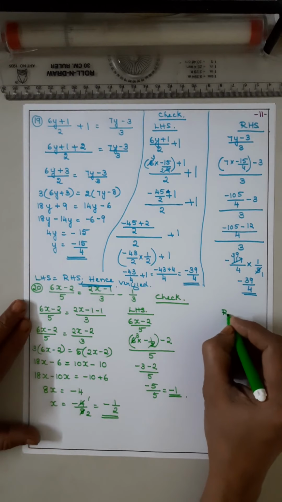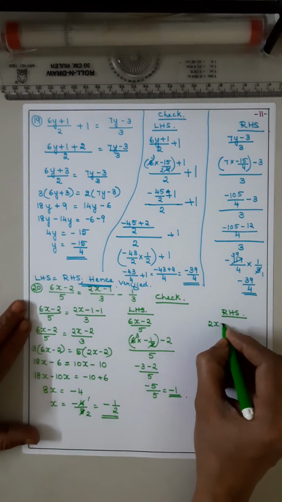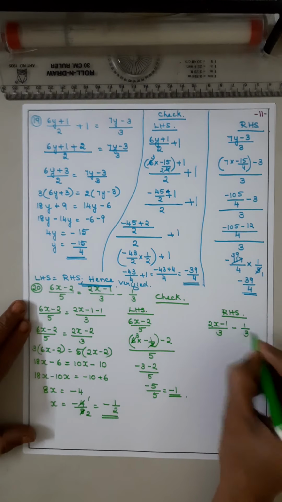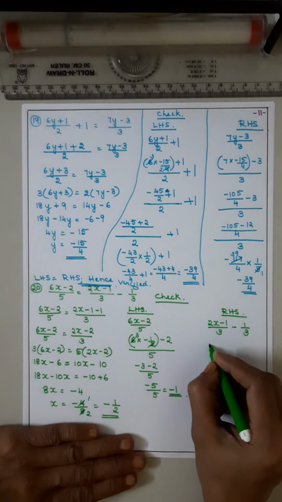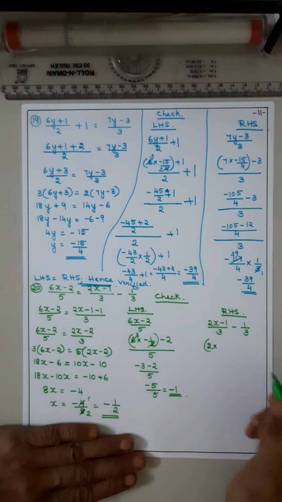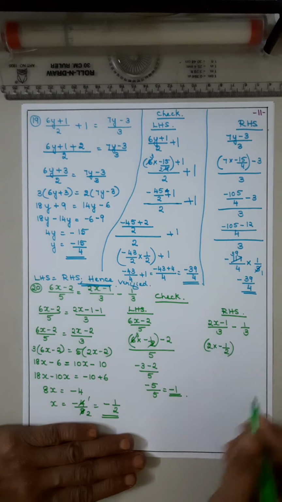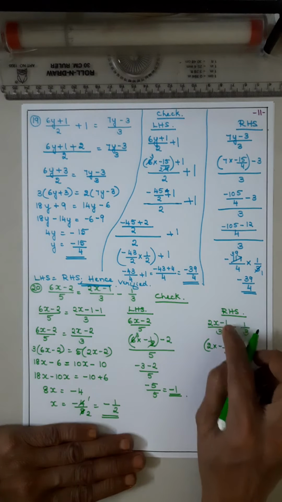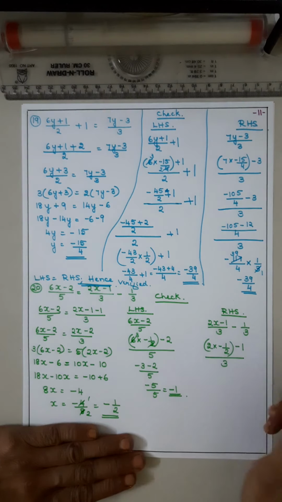Now coming to the RHS. It is 2x minus 1 by 3 minus 1 by 3. Okay. Now 2 into, within the bracket, 2 into minus 1 by 2, x is minus 1 by 2, minus 1 upon 3, now minus 1 by 3.